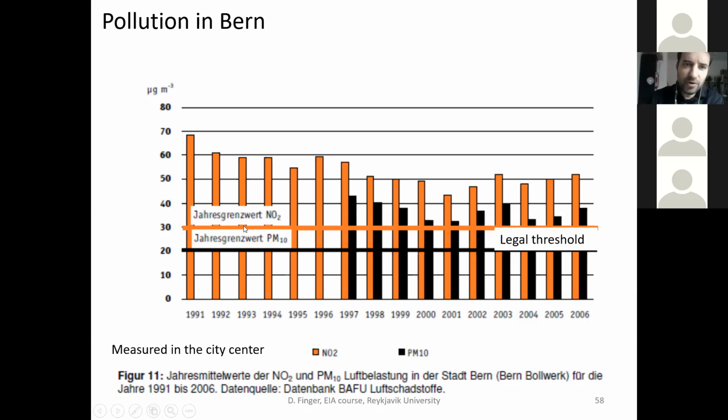And you can see already here that this is actually a notoriously big problem in the city of Bern, where the legal value for nitrogen oxide and PM10 has been consistently over the legal limit of what is acceptable as an environmental impact.